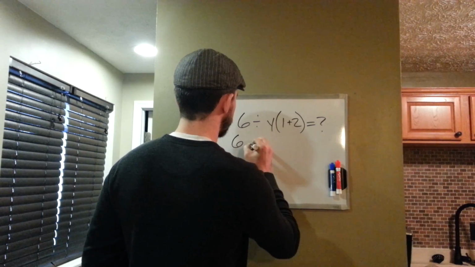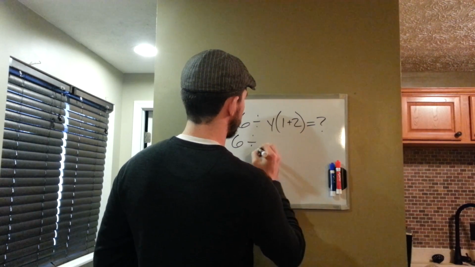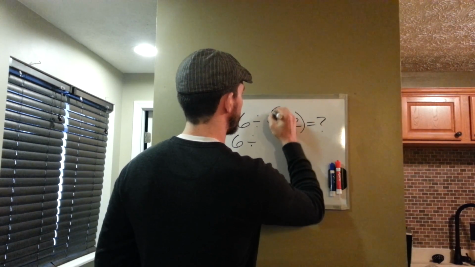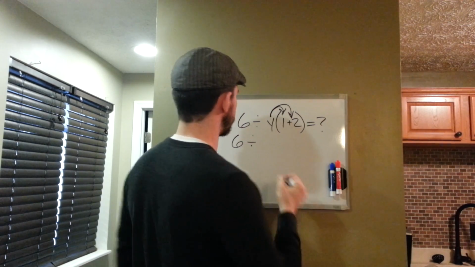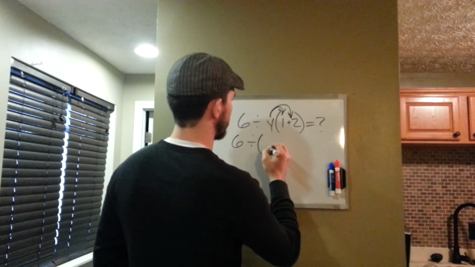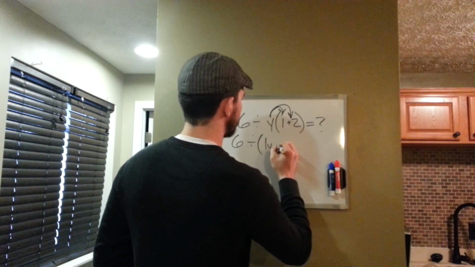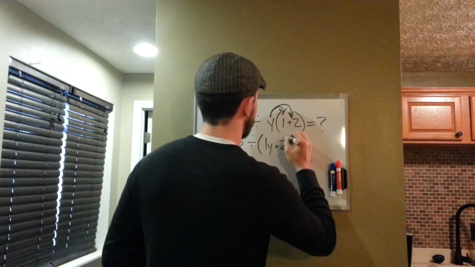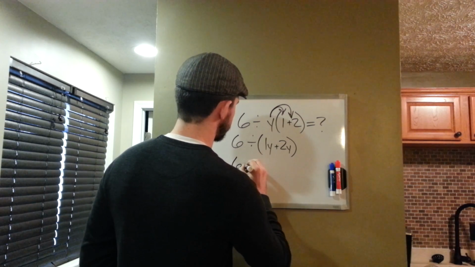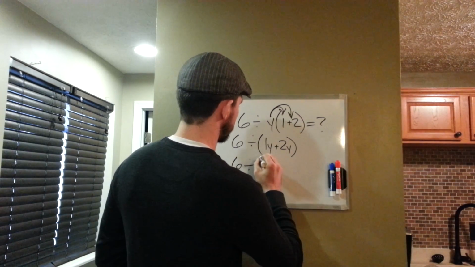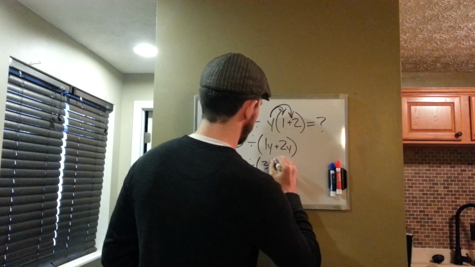So you wind up next with 6 divided by, you have to multiply the 1 times y and 2 times y individually. So you wind up with 6 divided by (1y plus 2y). Then your next step, 6 divided by 3y.